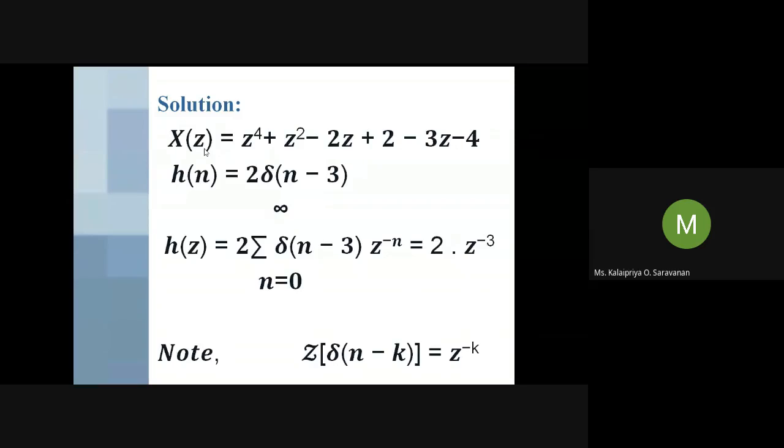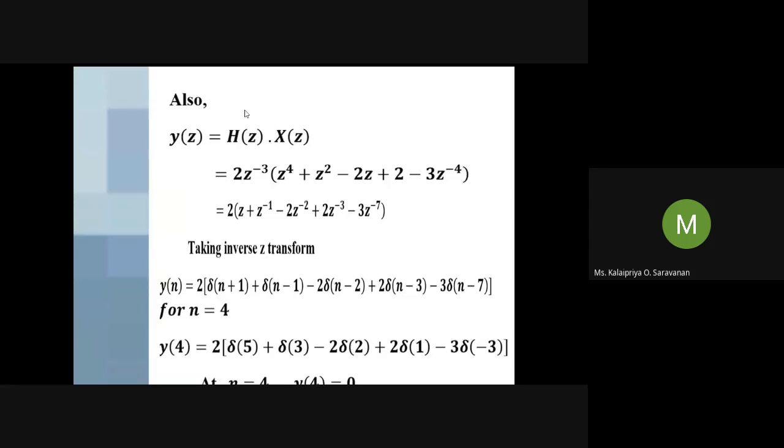We have x of z given in the question, and we have obtained h of z by taking the z transform of the del function. So what is your next step? Your next step is to find y of z.